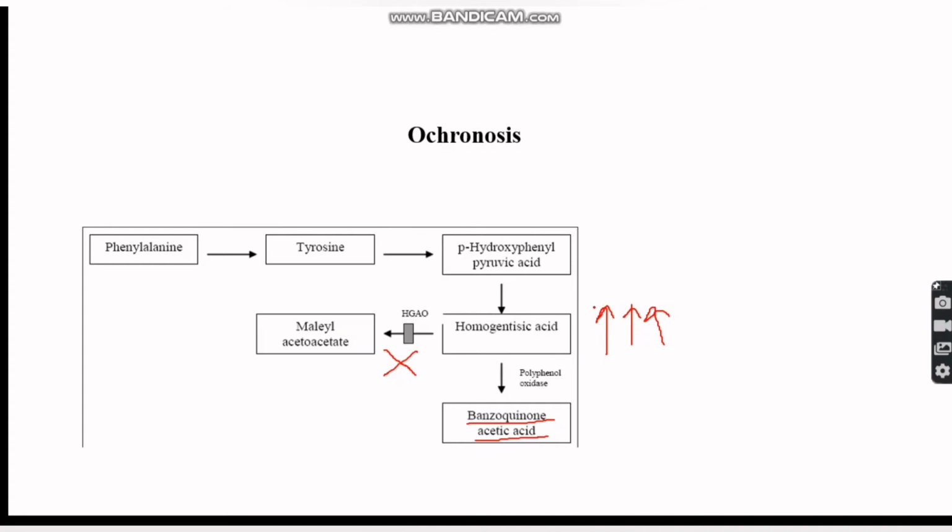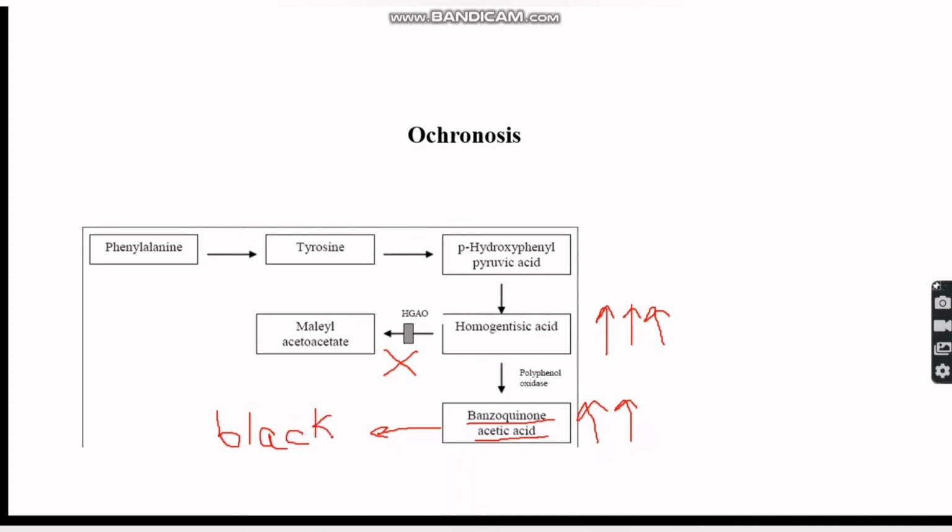So its level will increase, which means that it will produce more and more benzoquinone acetic acid. With the increased production, it will start to accumulate in the body and form a black polymer. This black polymer actually resembles our skin pigment, that is melanin.